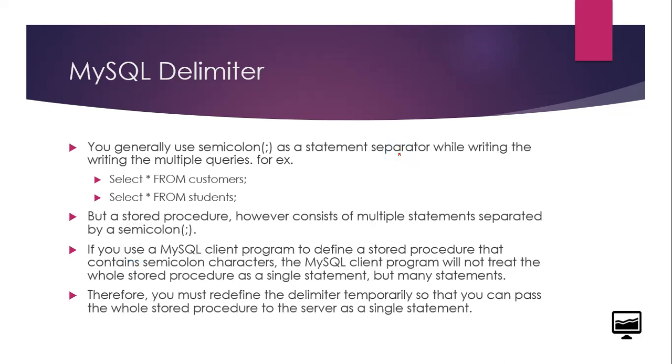So what you have to do is change the delimiter whenever you write any stored procedure. You generally use semicolon as a statement separator while writing multiple queries. For example, select star from customers, that ends with semicolon, select star from students.